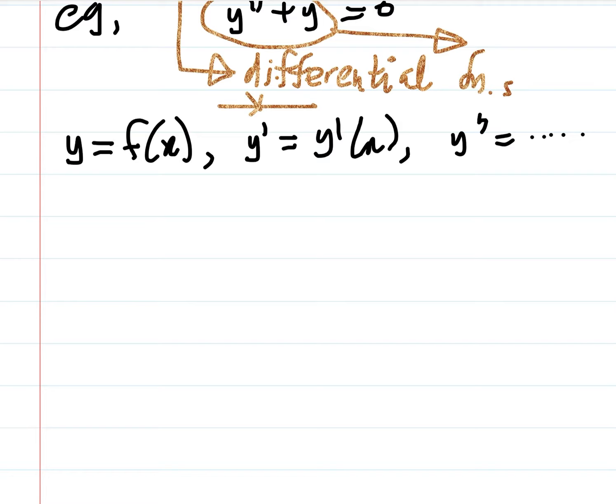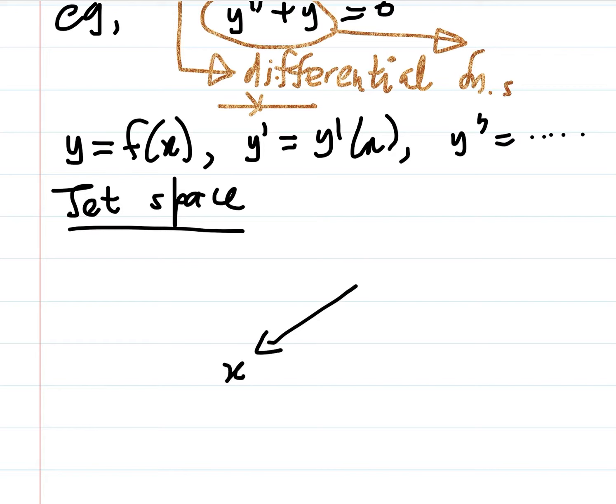However, we're now going to introduce the notion of a jet space. The jet space is the space that is embedded in some manifold wherein the coordinates are your usual x variable, your y variable, and the other pseudo-independent variables that form the other coordinates in the Cartesian system or the submanifold, which are y dash.